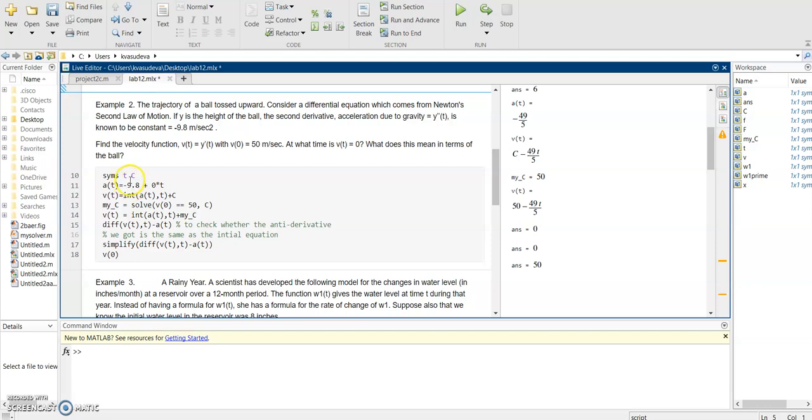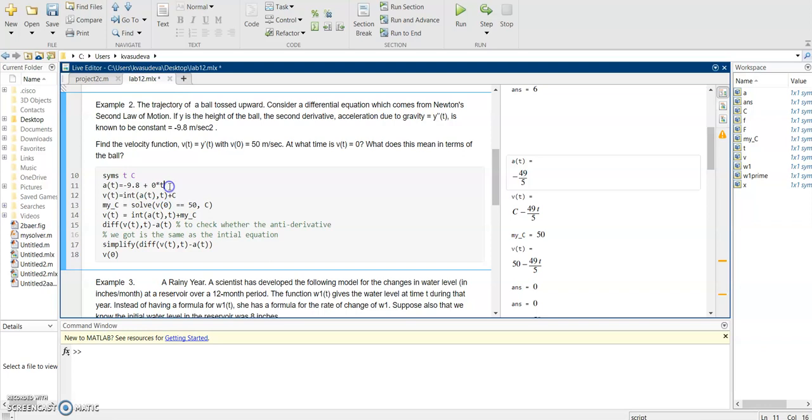I'm going to define two variables, t and c, where t is time and c is, as usual, the constant of integration. Now my acceleration from Newton's second law is negative 9.8 plus 0 times t. Of course 0 times t is 0, but we must not forget the t, because we are integrating with respect to t.